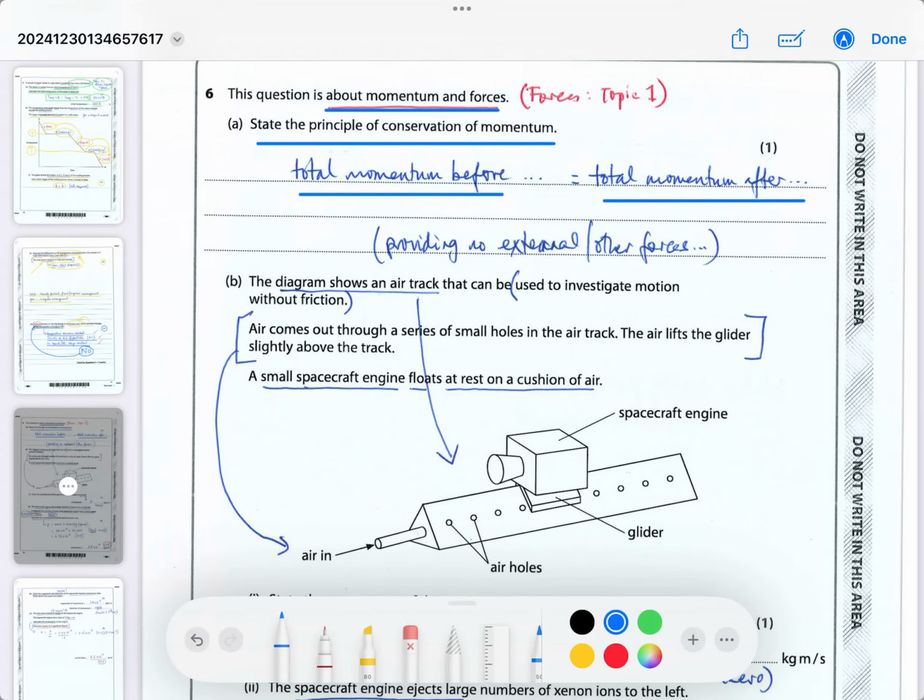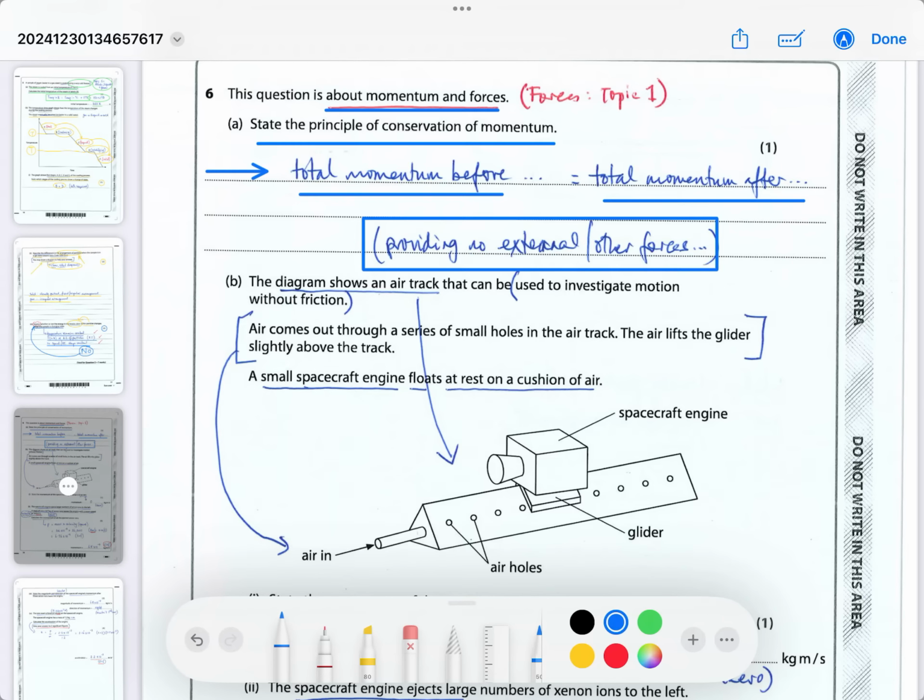So momentum must be conserved in any situation where there's an interaction. And really, if you then go into A level, you have to then say, providing there are no external or other forces that you haven't considered. So you only need to put this first bit in to get the mark, because it's only a 1-mark question.